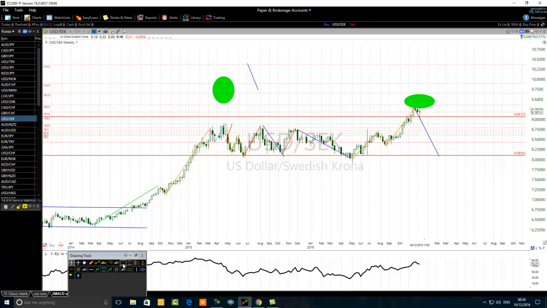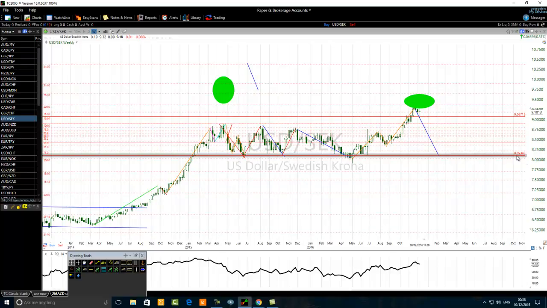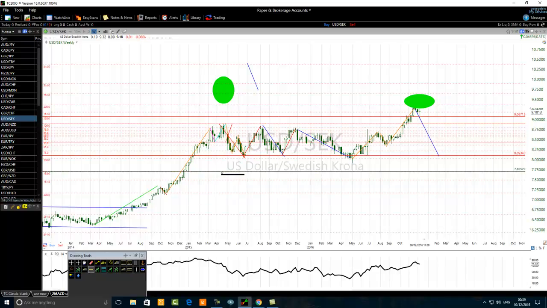In the worst case scenario, there are other key levels. If it breaks below that price target level, well, the next target is the 138.2% Fibonacci extension level of the A part of the zigzag pattern.